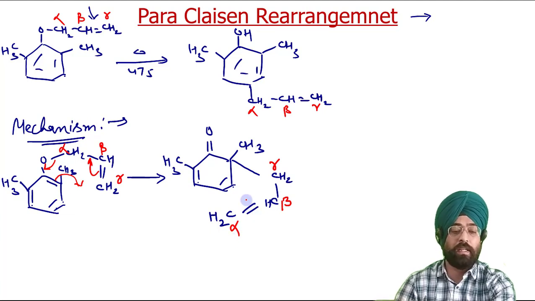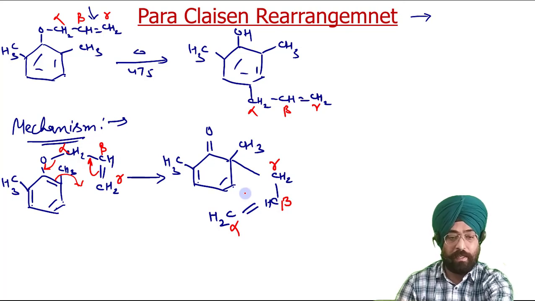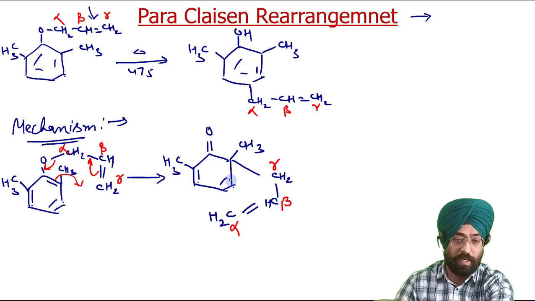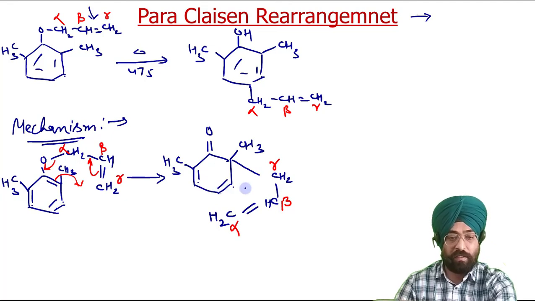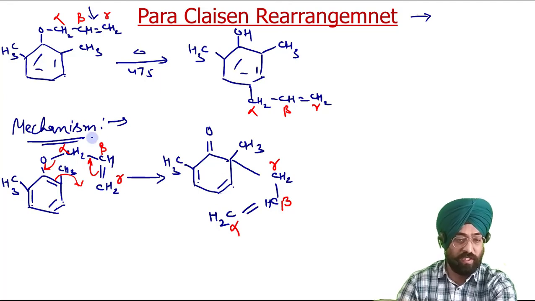Now let us see in the next step what happens. I will write the next step here only. You can see there is no hydrogen here, so tautomerism is not possible. So what will happen? As I have already told you, here we have to do this shift two times.